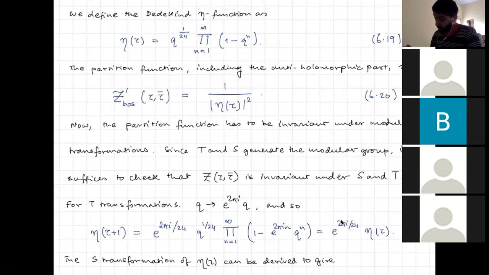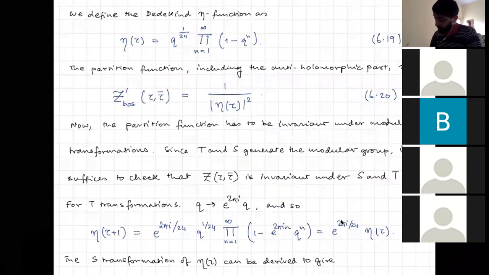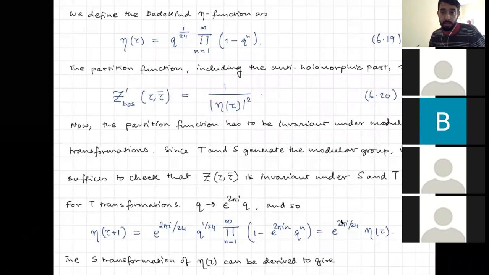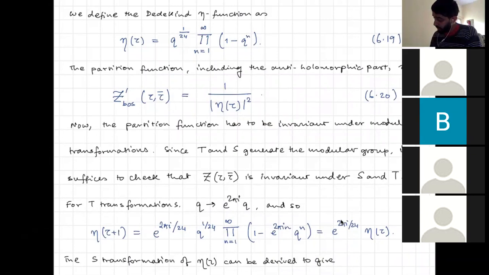Now we demanded that the partition function be invariant under modular transformations. This is something that we saw should be generically true, and since T and S actually generate the modular group, it suffices to check that Z is invariant under T and S. Speaking about T and S, since a few of you had questions, I dug up some literature where a proof of this is done, and I will circulate that.